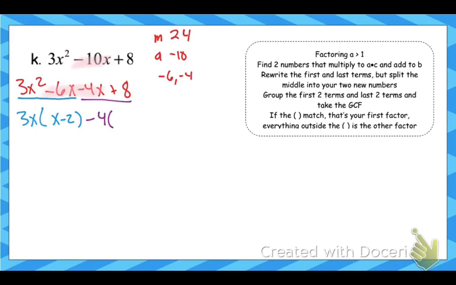If I divide out that -4, I'm left with x minus 2. And it would be minus because if I went back and FOILed it, I need to get what's already there. So now if my parentheses match, which they do, that's your first factor. Everything that's not in the parentheses is your second factor. So my second factor would be 3x minus 4.